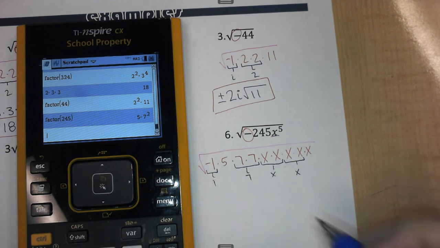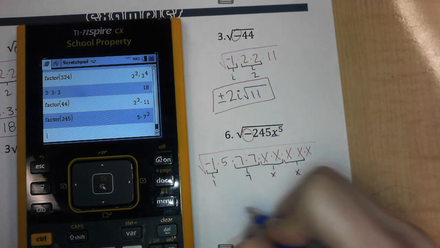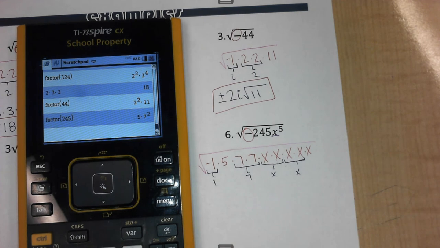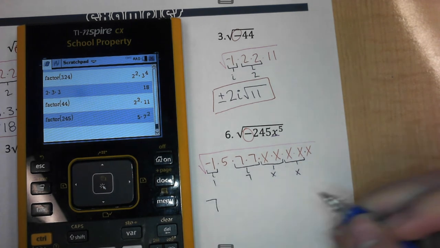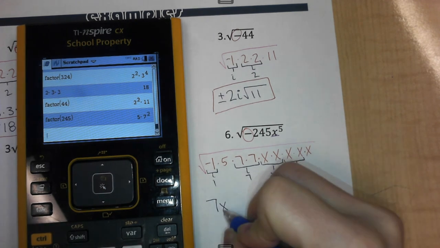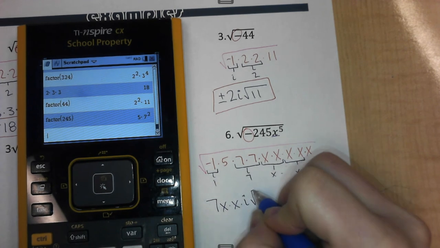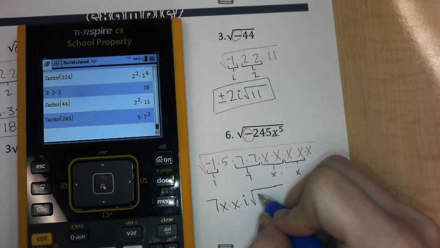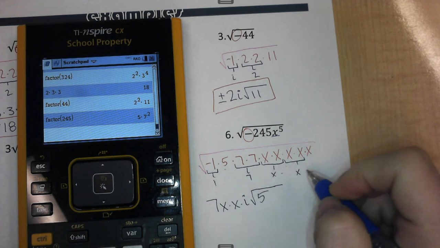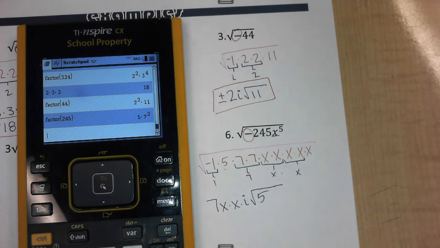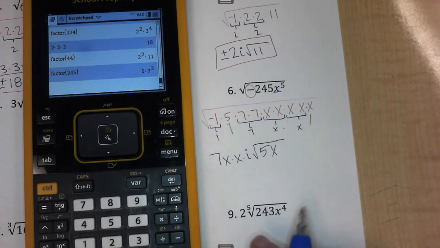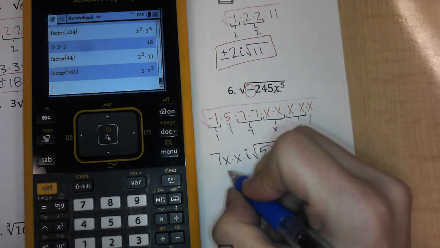So let's pull out what we got. We have 7, 2 x's, an i. Underneath here we have 5 left over. Make sure 5 stays under and x stays under. So let's keep simplifying this. We can take these x's and multiply them together.